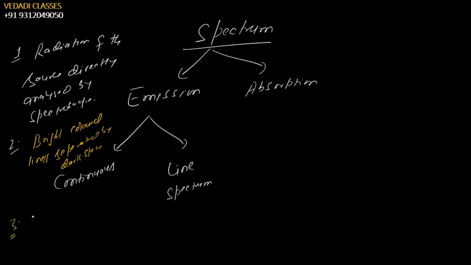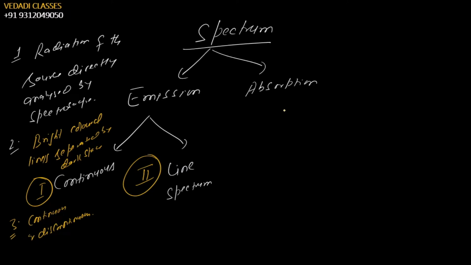The third property is that it may be continuous or discontinuous. Basically, emission has two types: one is the continuous and the other is line spectrum. This is discontinuous. We'll discuss these two.